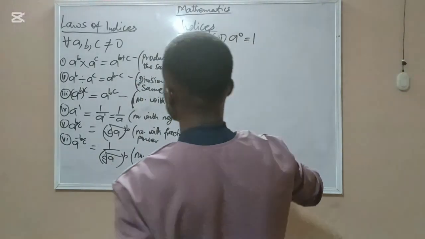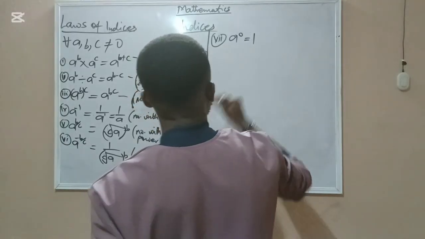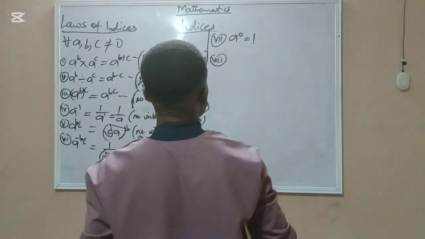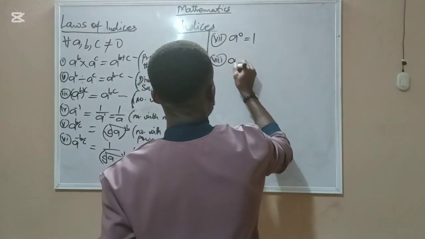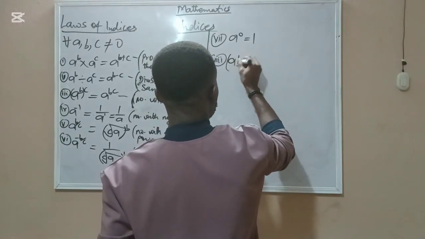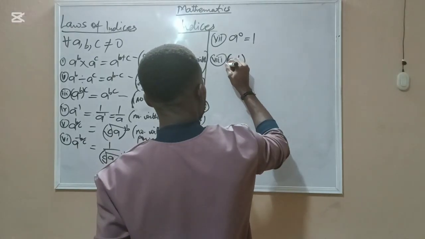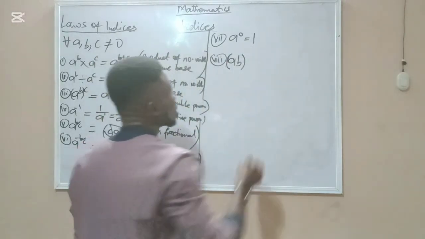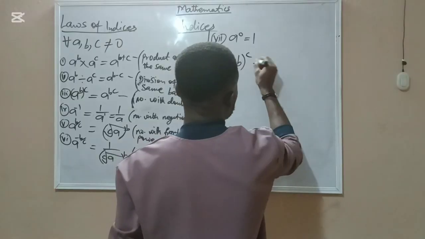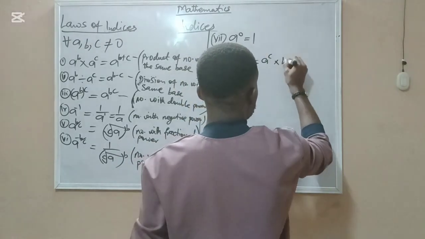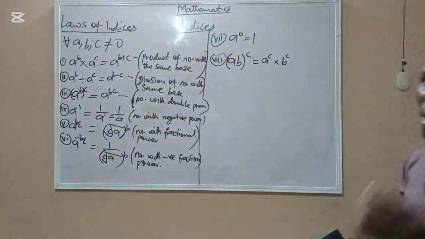And then we have VIII, the other one that says AB raised to the power C is the same thing as A raised to the power C times B raised to the power C.